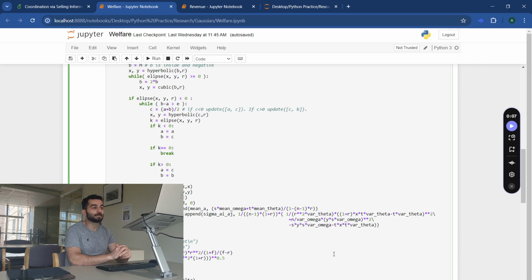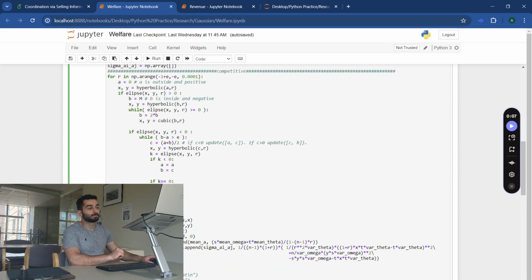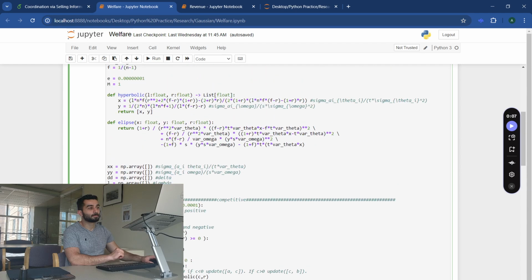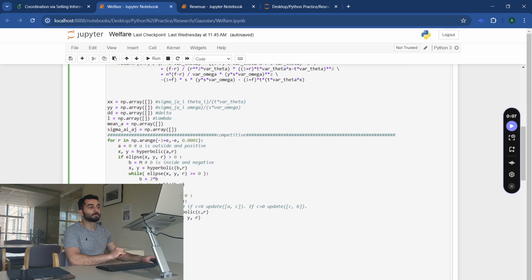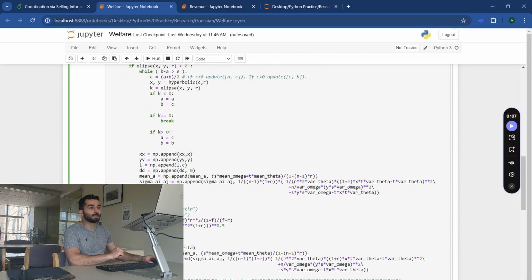This lambda c is 0. Well, what is c? C is 0. Here. No, we should say 0.